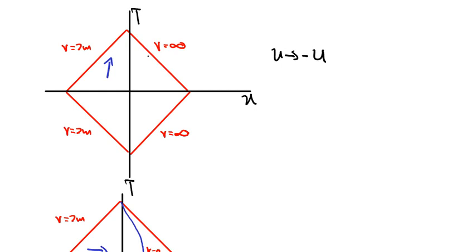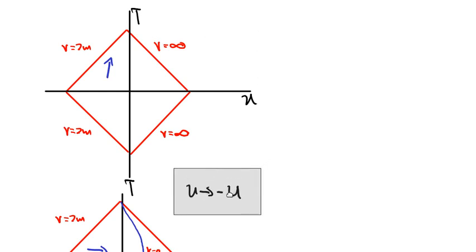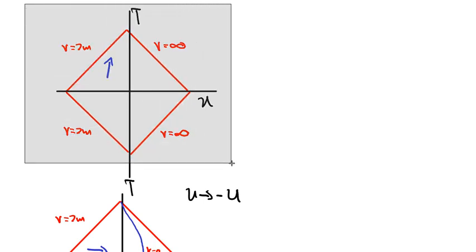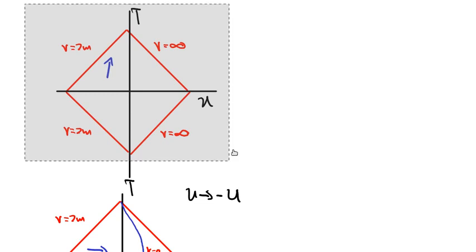We get another diagram, which is the reflection with respect to the vertical axis.